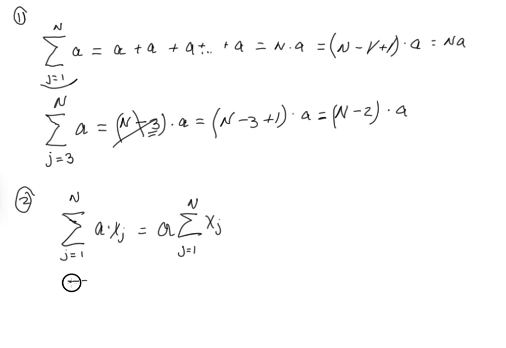Now what if we have a case where we have xj yi? Well, this summation operator is governed by j, not by i. So here we treat y as a constant, governed by some other operator that we don't know here.